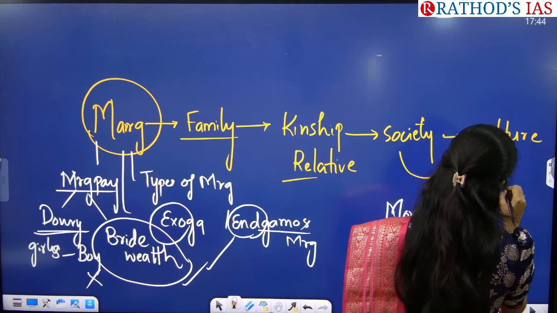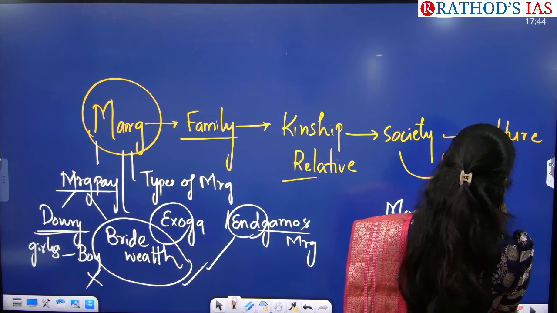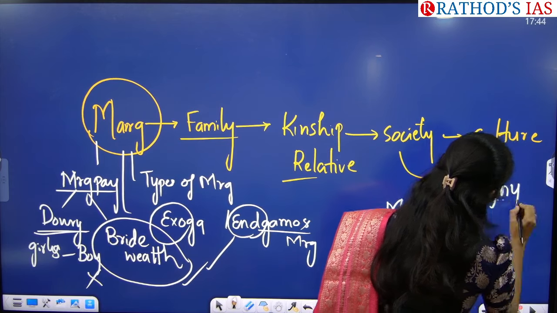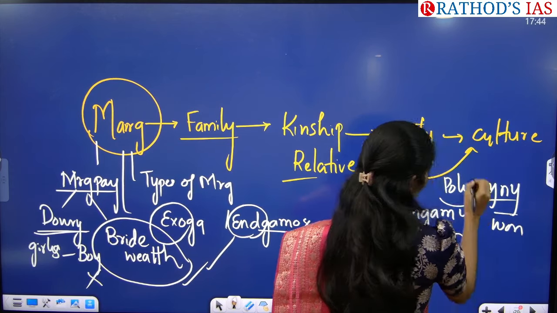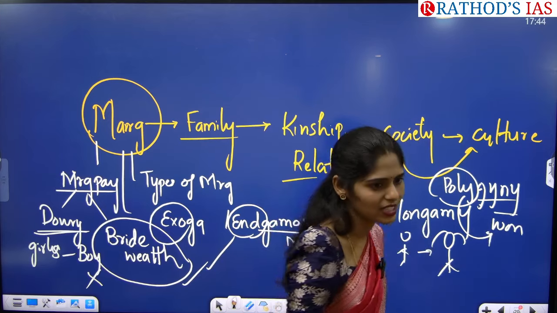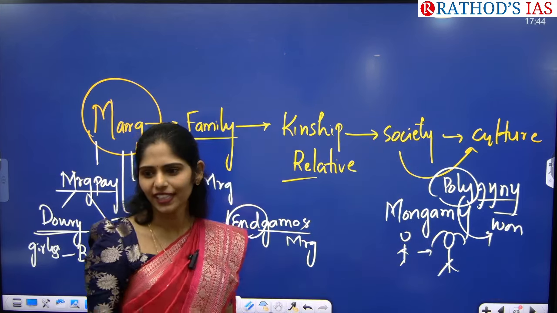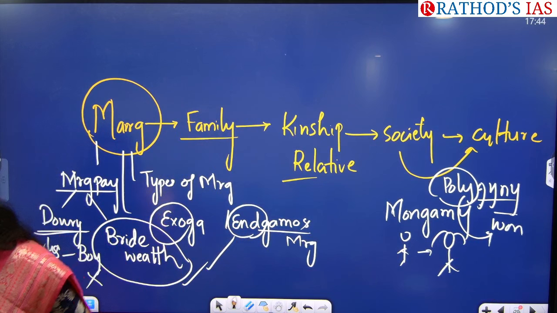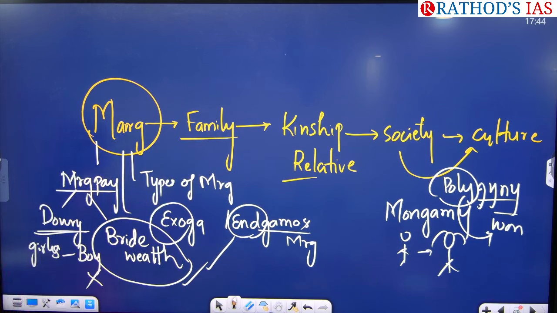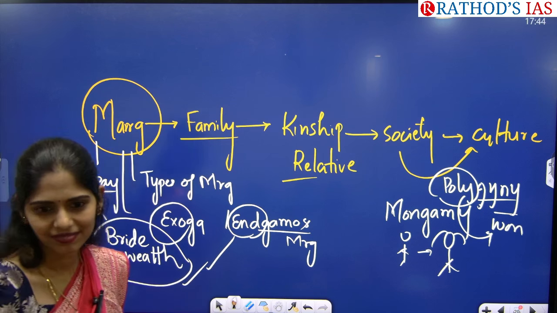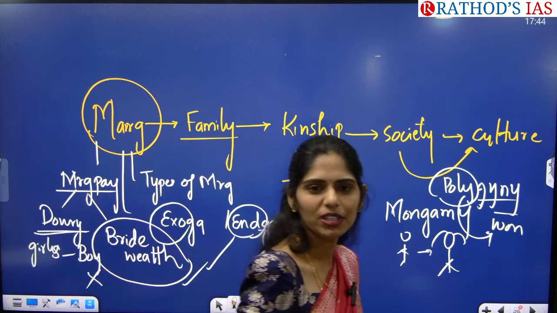Gyne is related to woman. Poly means many, that means many wives. Many wives is called polygyny. Okay, so tell me in which societies polygyny will happen? What is the requirement for this polygyny?